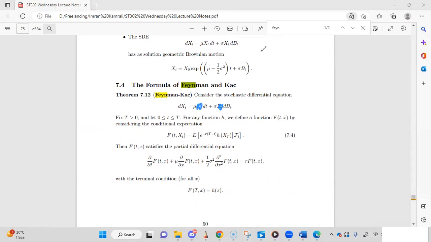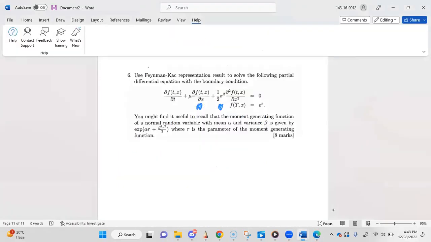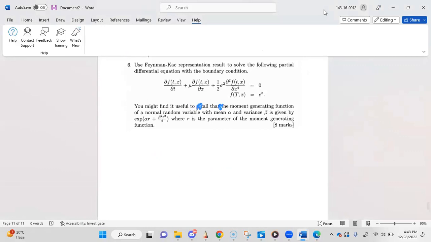The way I have understood it a few hours ago, when I was preparing something for you, is that if you are given this, dx_t equal to mu dt plus sigma dW_t, with some initial condition.